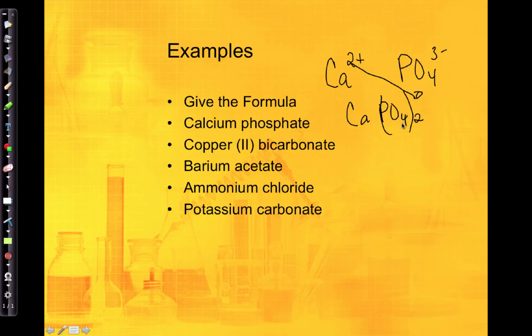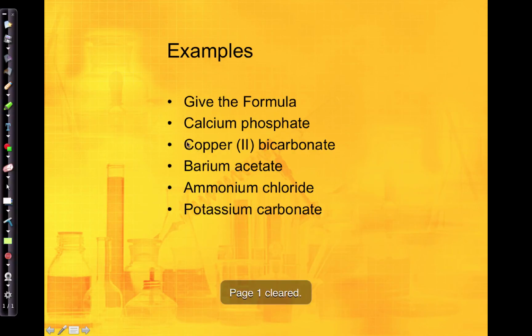If you've got more than one polyatomic, you need to put parentheses around it. And then pull the 3 down here. So you have Ca3(PO4)2. And the 3 and the 2 that I pulled down don't reduce, so I leave it alone. That's the formula.